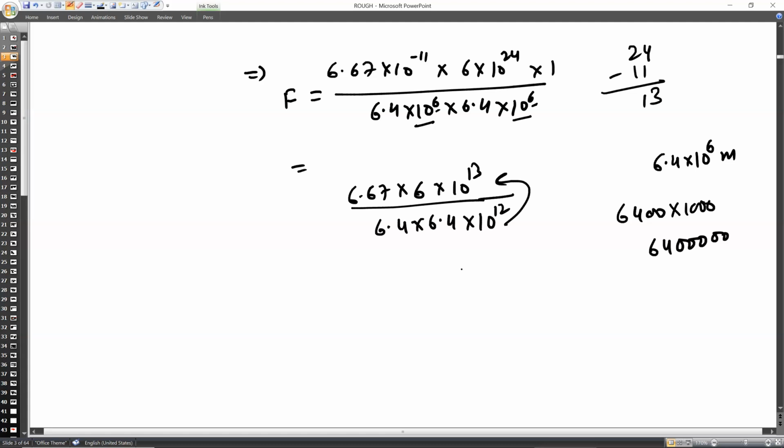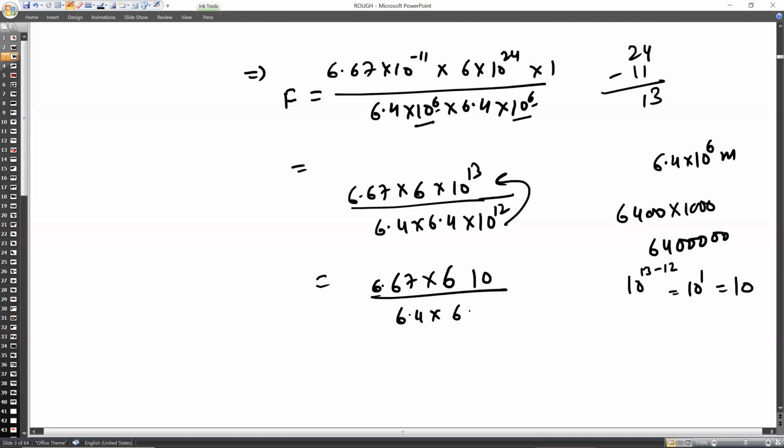Now this power 12 is in the denominator; when it goes to the numerator, it will be subtracted. So we get 10 to the power 1, that means 10. So you will write here 6.67 into 6 upon 6.4 into 6.4.